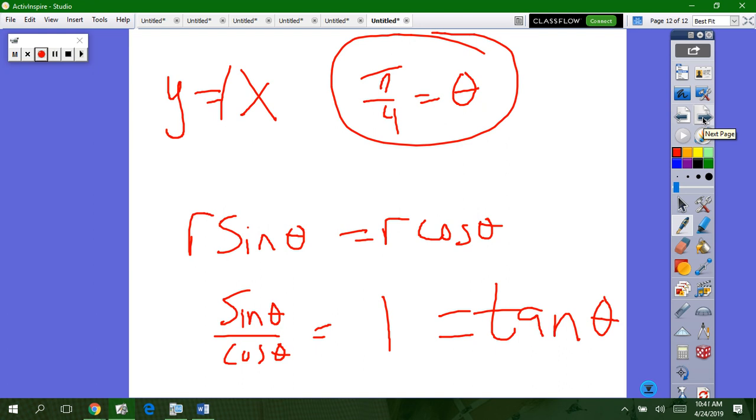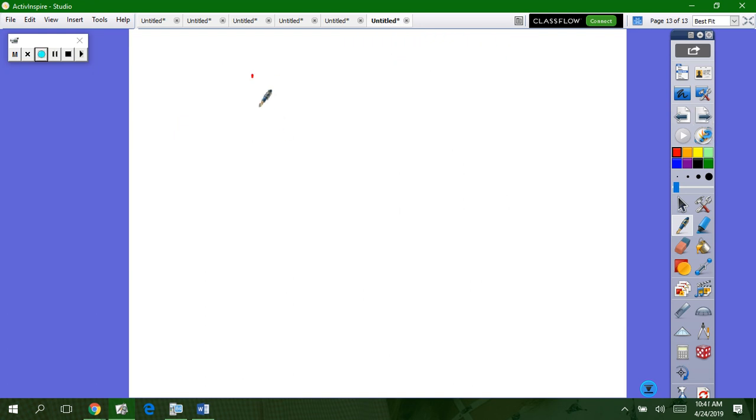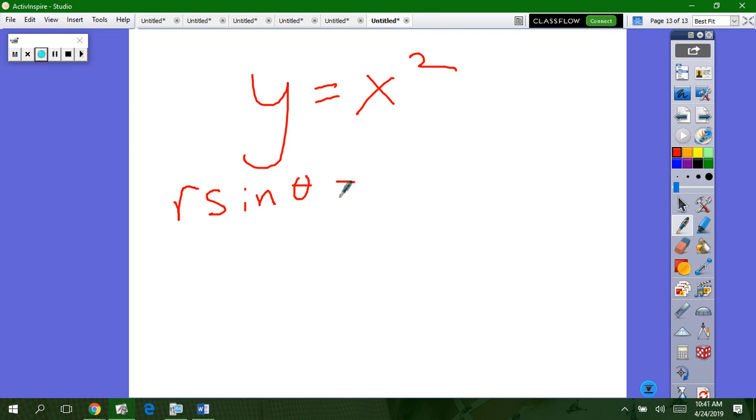Should we try another one? y equals x squared. What do we know y is? r sine theta equals r squared cosine squared theta, because once again, r cosine is x, but it's squared, right? So I squared both of those items. Does that make sense to everybody?